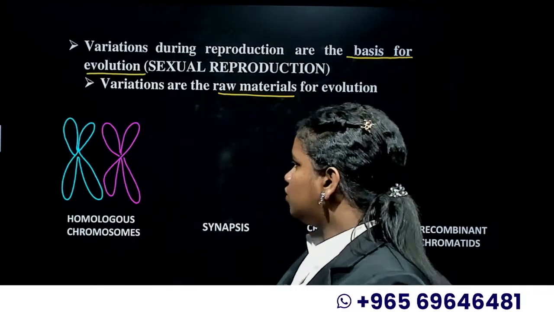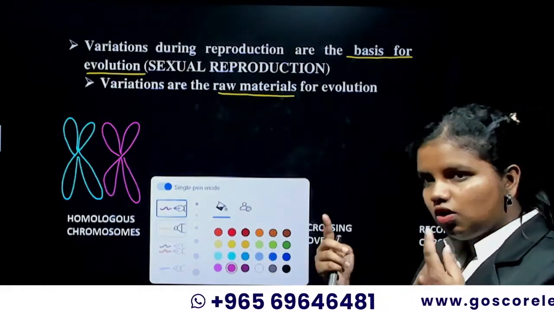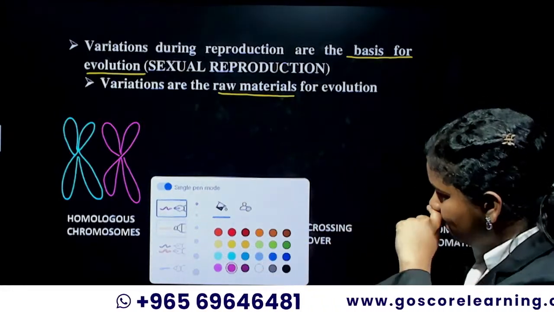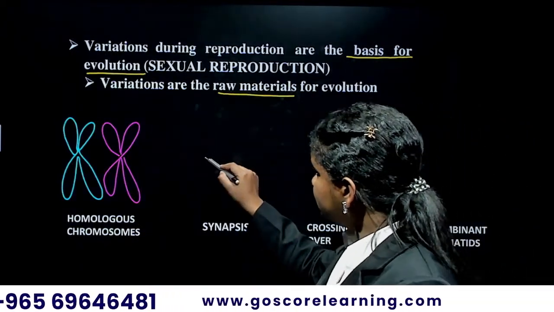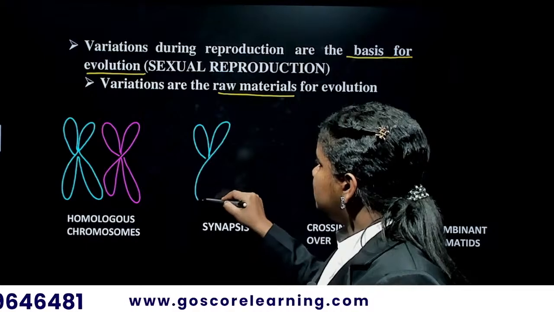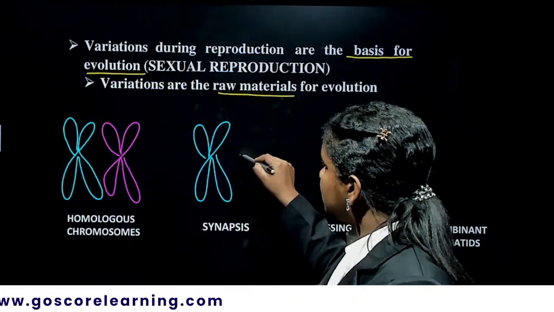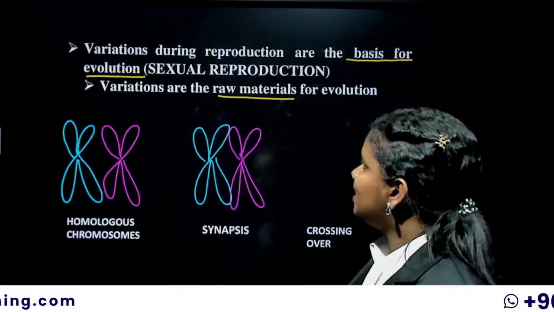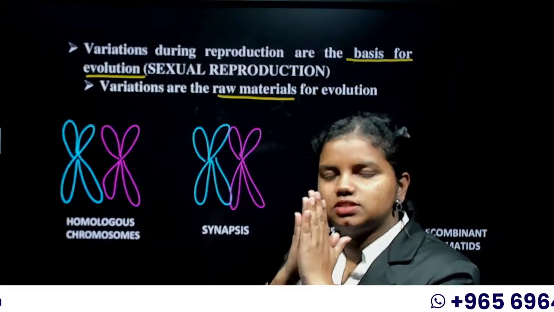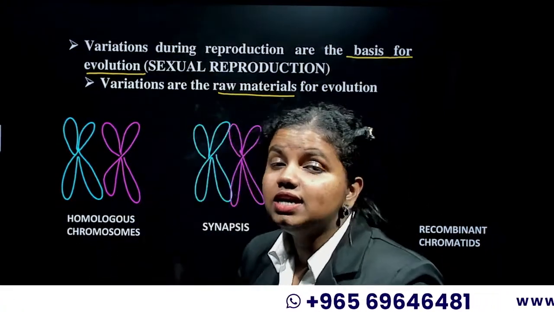And during sexual reproduction, when the crossing over happens, they come together so close to each other that they almost link to each other, and that process is called synapsis. They just glue to each other.